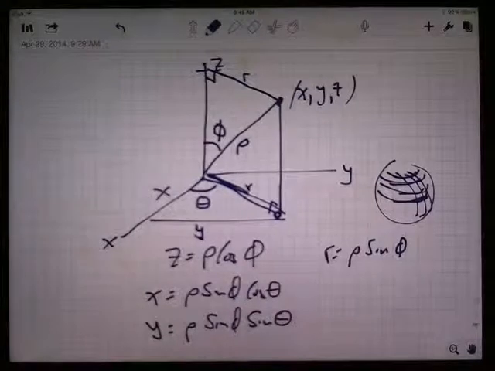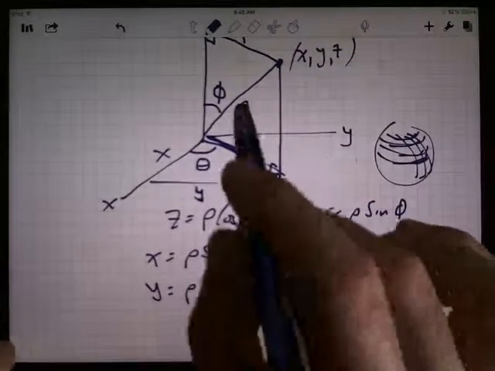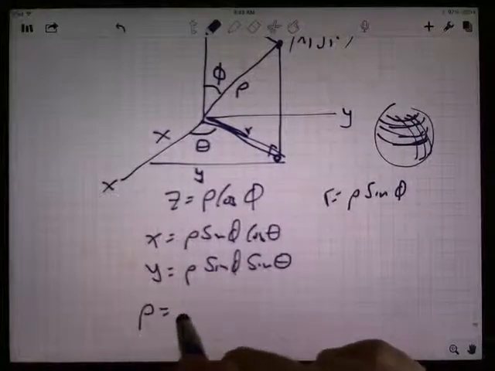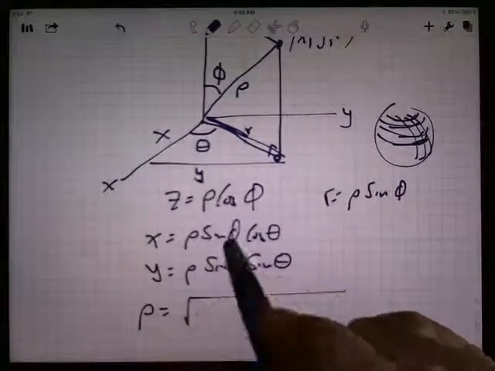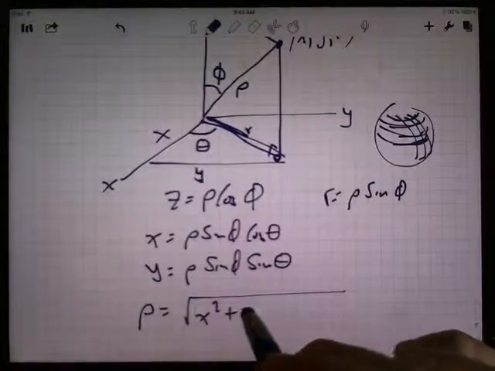If you want to go the other way, how would we do that? First of all, I think we can see that rho is equal to the square root of x squared plus y squared plus z squared. It's the distance from the origin, right?